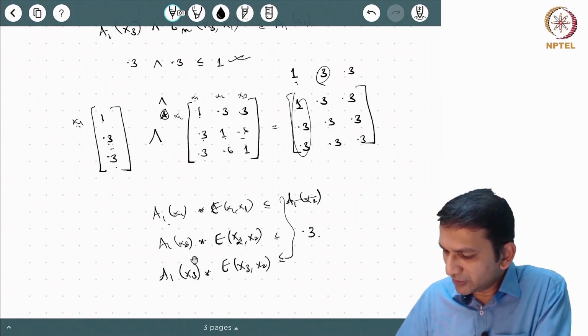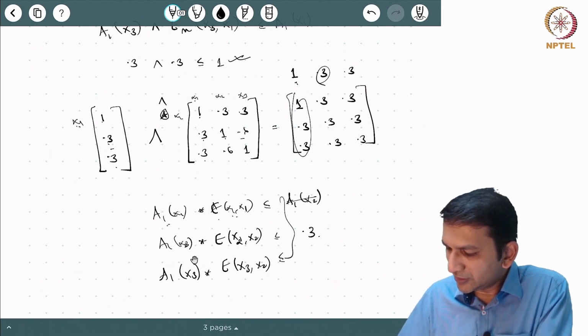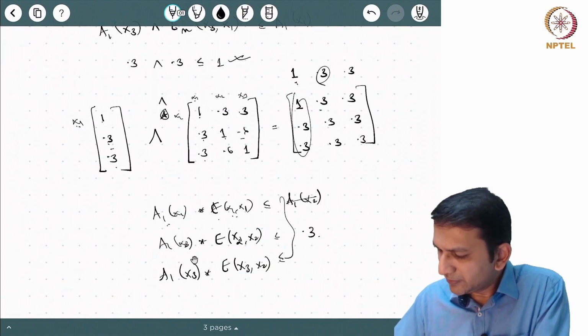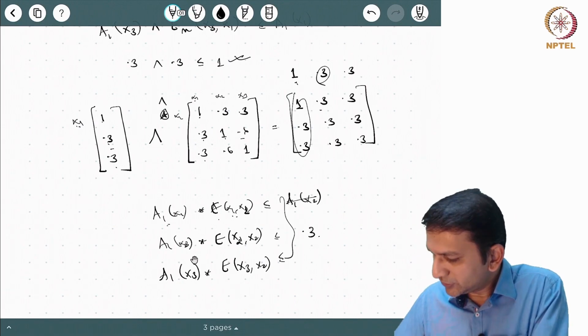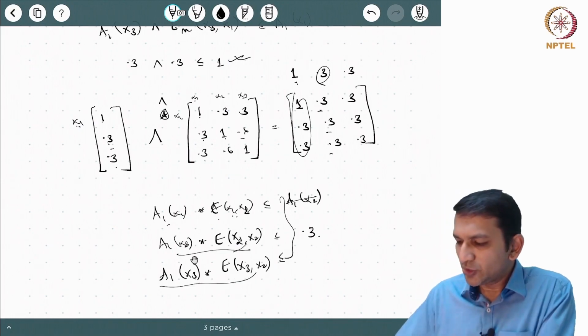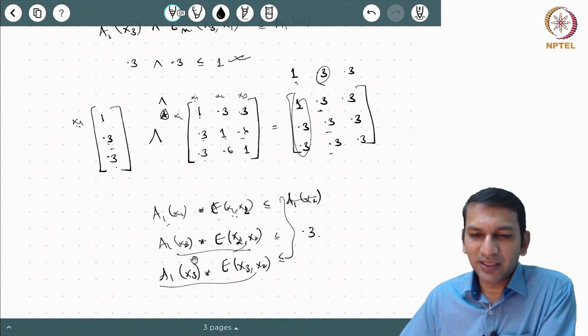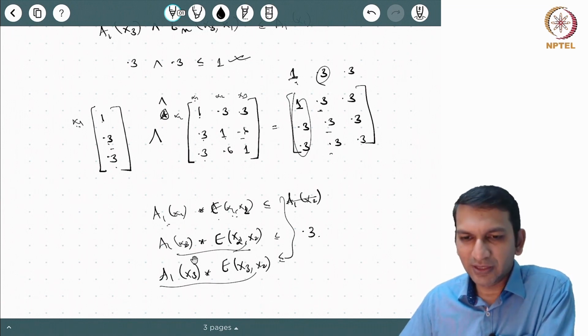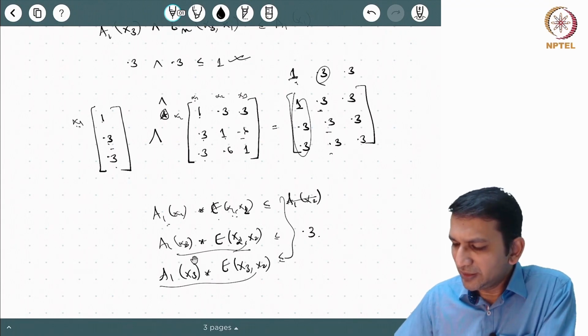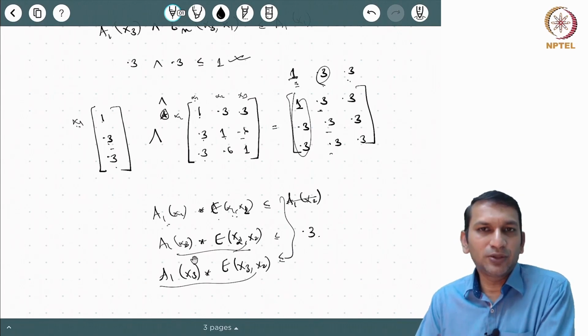Now, what is this A1 x1 star E x1 x2? It is essentially this value, this entire thing is here, and this entire thing is 0.3. So it's easy to just find the matrix and look at it: if you write the same fuzzy set on top, it's easy to see that each of these elements dominates the column.